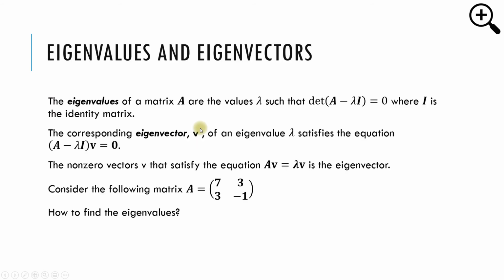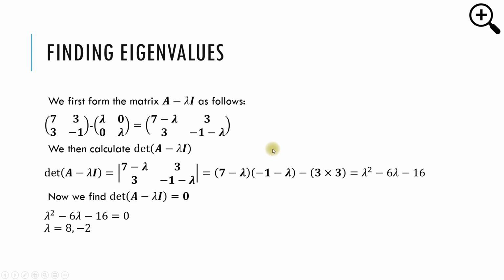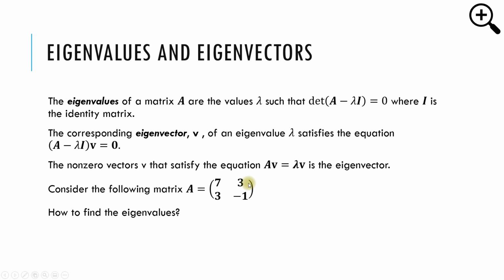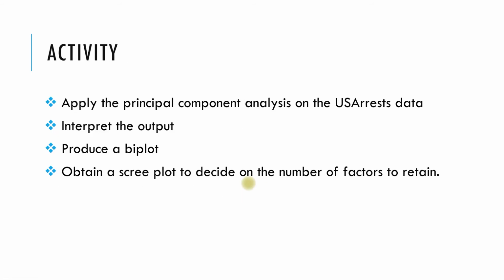But bear in mind that in this module particularly, you are not going to be expected to compute these eigenvalues or eigenvectors, but you are expected to interpret what an eigenvalue and an eigenvector represent. Remember that I said to you what eigenvalues represent and what eigenvectors represent.